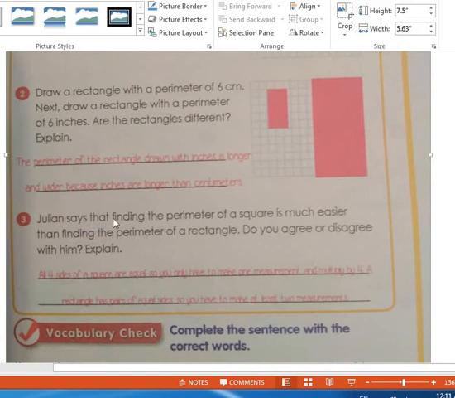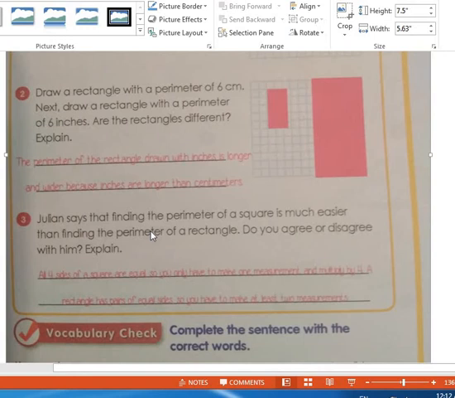Julian says that finding the perimeter of a square is much easier than finding the perimeter of a rectangle. Do you agree or disagree with him? Explain.